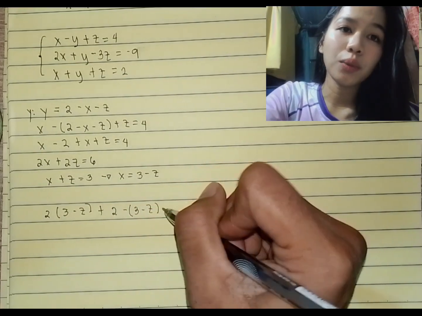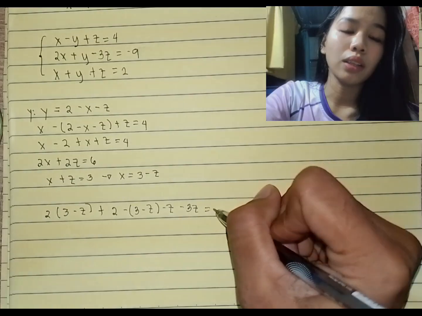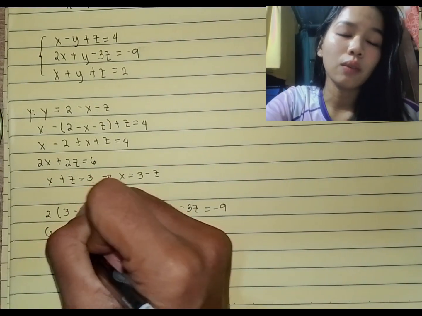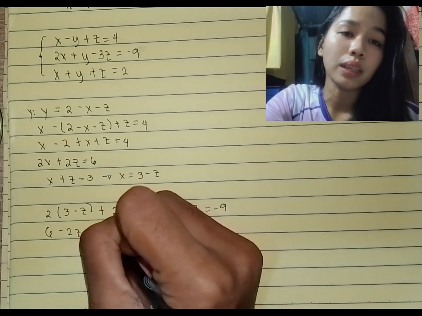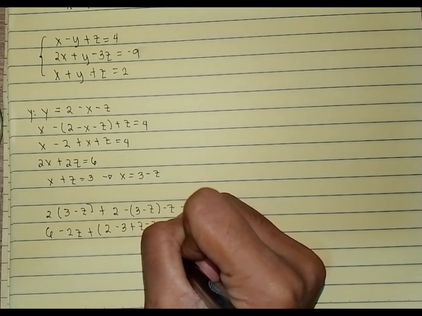So the equation comes from equation 4, which is the result of steps number 1 and 2 that we did before.